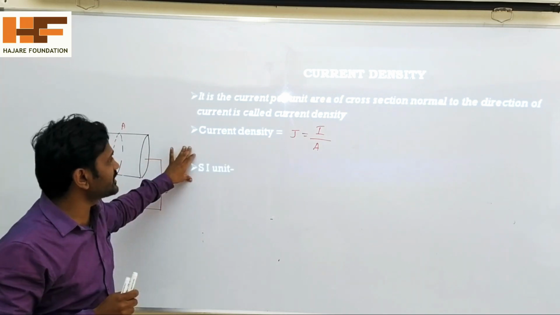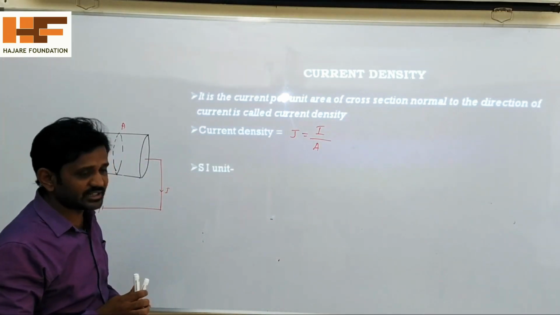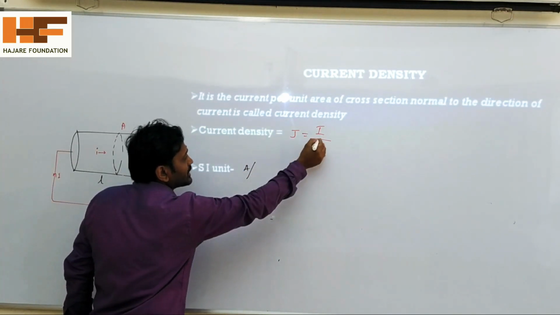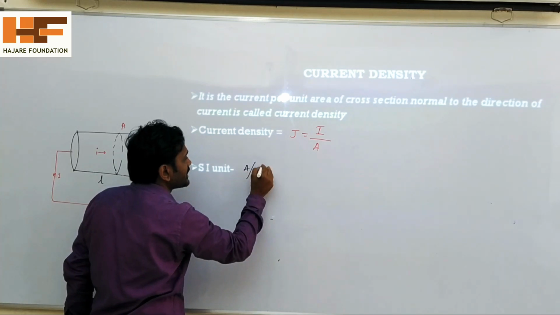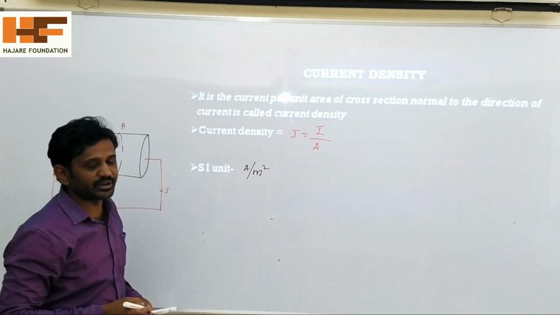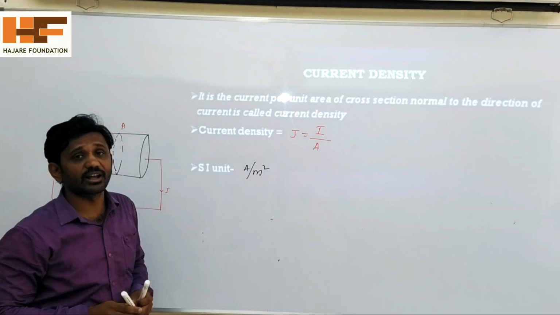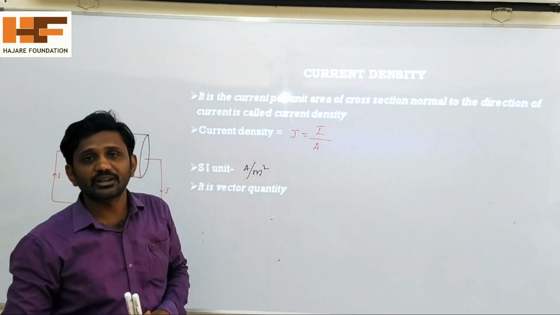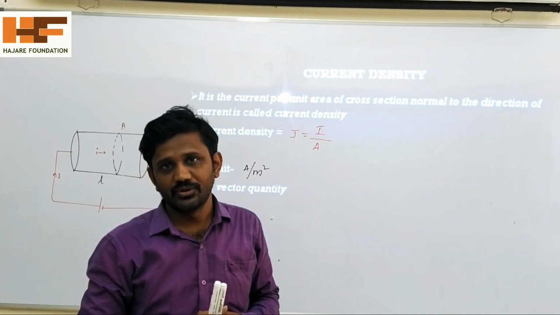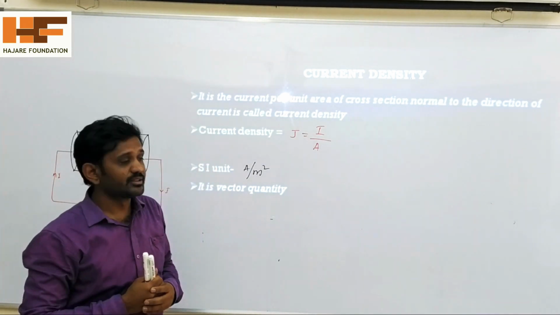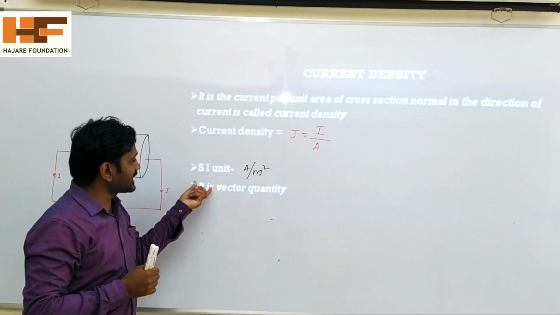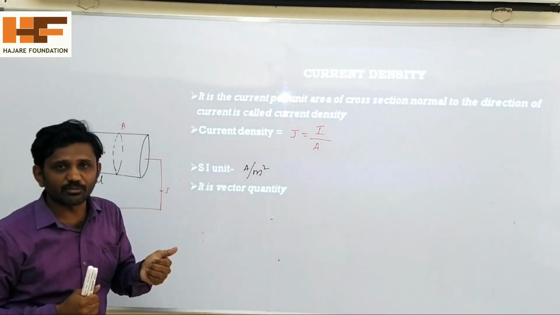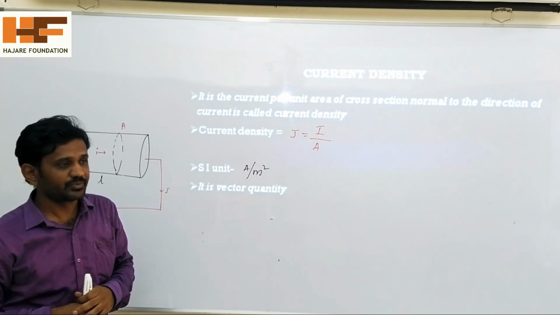Then the SI unit of this current density: here I is the current in amps and area is in square meters. That is amps per meter square is the SI unit of current density. This current density is a vector quantity because it has both magnitude and direction.